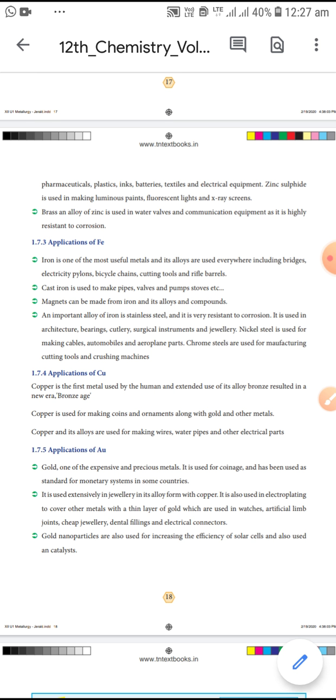It is used for electroplating to cover other metals with a thin layer of gold. Watches, artificial joints, jewelry and dental fillings also use it. Gold nanoparticles are used for increasing the efficiency of solar cells and as a catalyst.